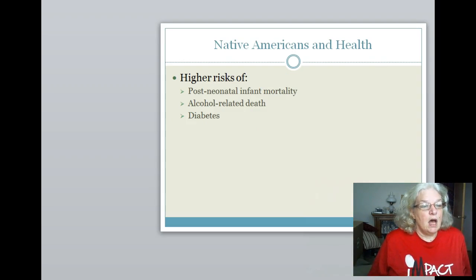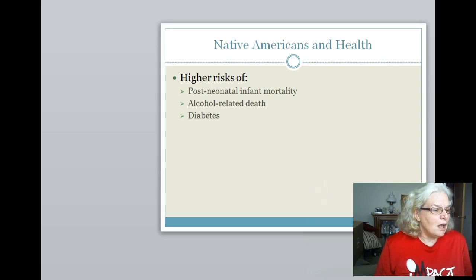Native Americans are at the highest risk for health problems. They have the highest level of infant mortality. They have more alcohol-related deaths and diabetes. And if any of you were in the last 2 semesters as an entering freshman and you looked at the text that was there for your freshman reading, you start understanding the power of that social influence of having alcohol and the stress of knowing that you don't necessarily have a life or a job, or not being able to better yourself in certain situations.